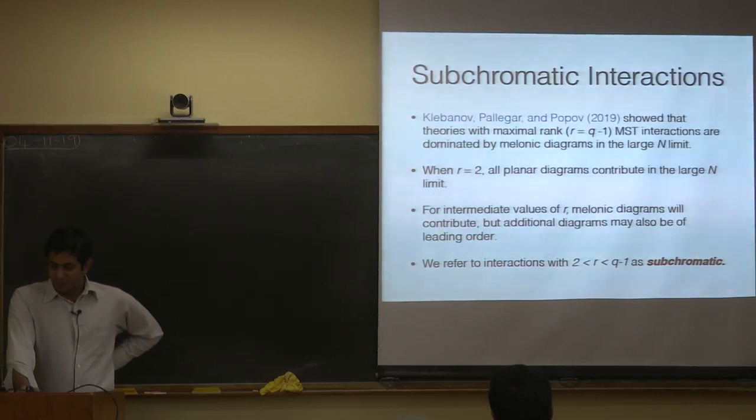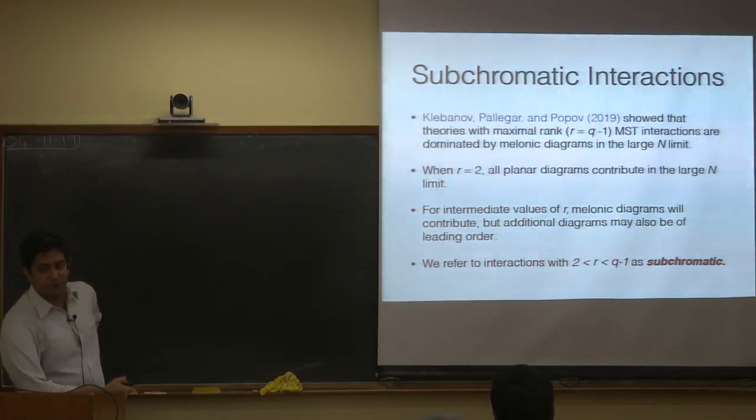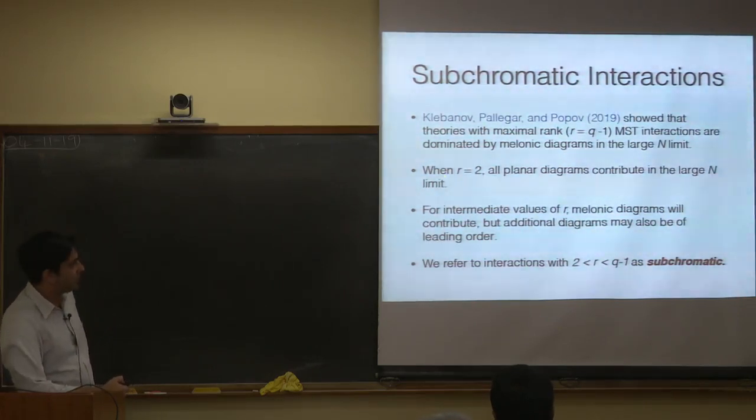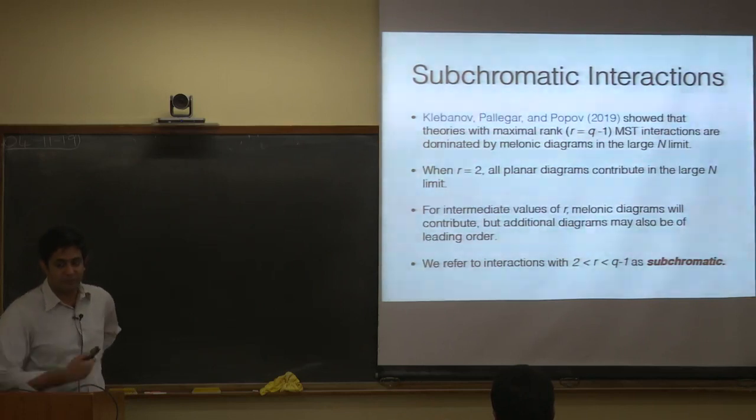Right. Okay, so here the question is a little similar: what are the diagrams that contribute in the large N limit? If you consider a rank 2 maximally single trace interaction, then all planar diagrams will contribute. I just want to say one more thing, if you don't mind.